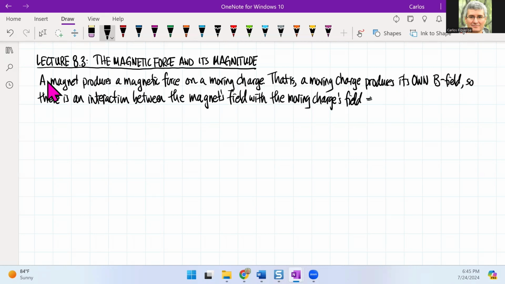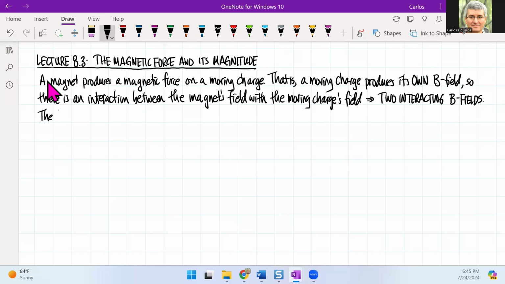In other words, that tells me that I have two interacting magnetic fields. So even though we're talking about forces, in the end, we have to talk about the fields interacting.